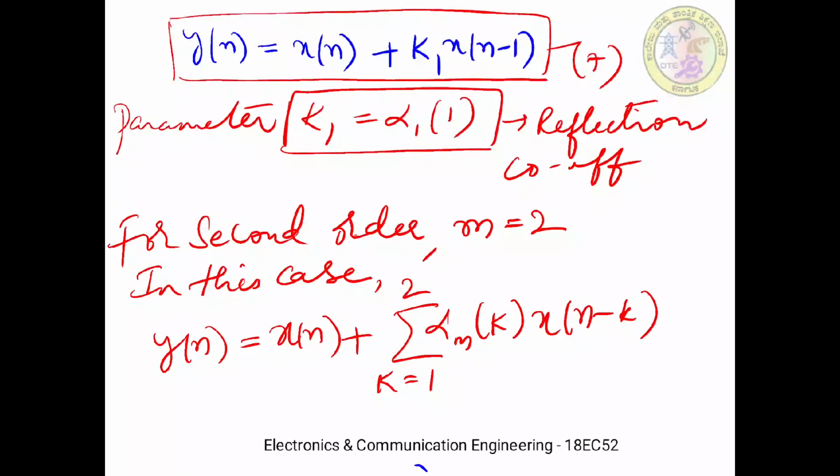The same equation is rewritten here, the only difference being the range of k values: now k is equal to 1 to 2 as m is equal to 2. Using this equation we can write its expansion. So now I will write the expanded y of n.